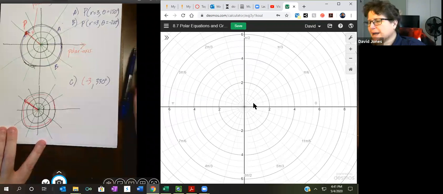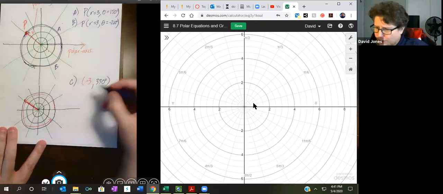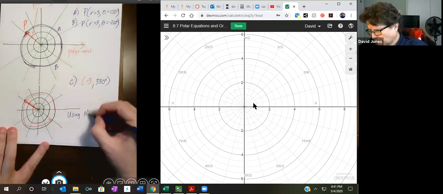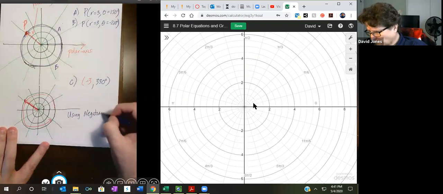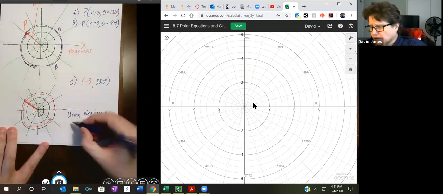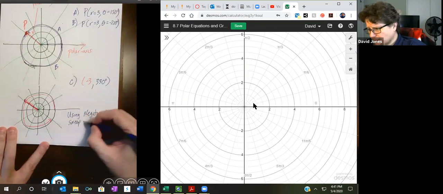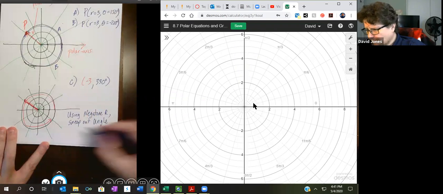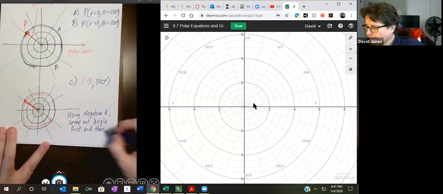So the easiest way for me to visualize this, when you're using negative r, is to sweep out the angle first. And then go r the opposite direction.